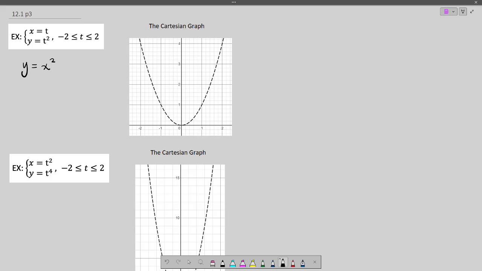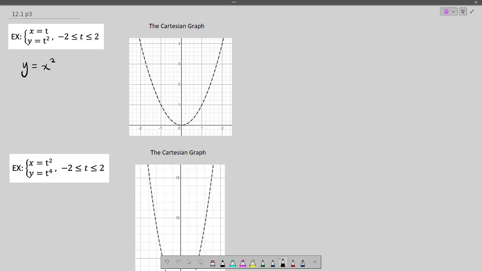One thing I want you to notice here is that this would be a parameterization that would work for any function. If you have y equals f of x, and you let x be t, and then just let f of x or y be f of t. So in this case, this is going to be y equals t squared.